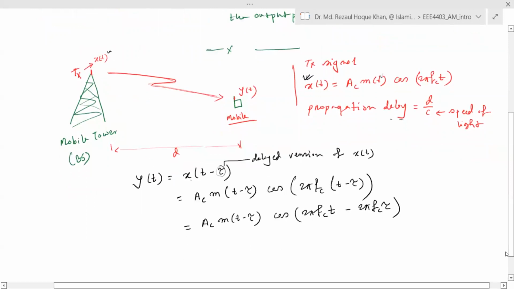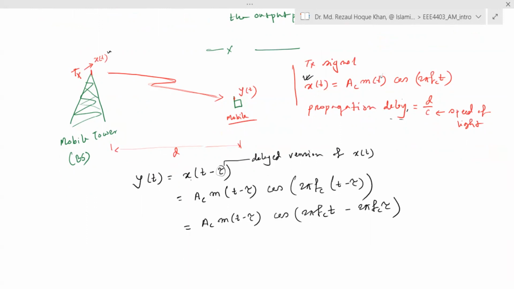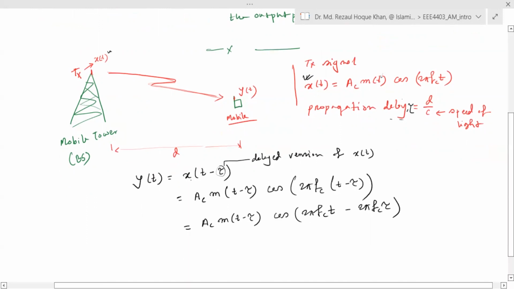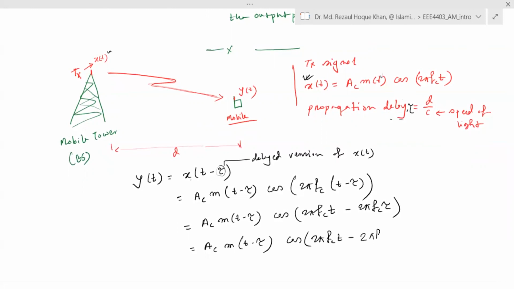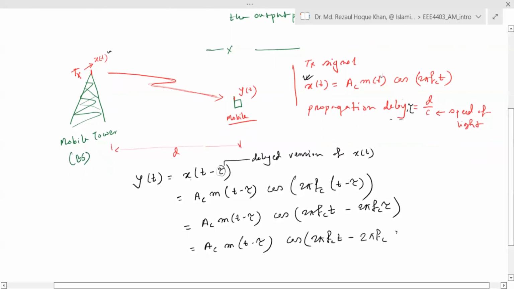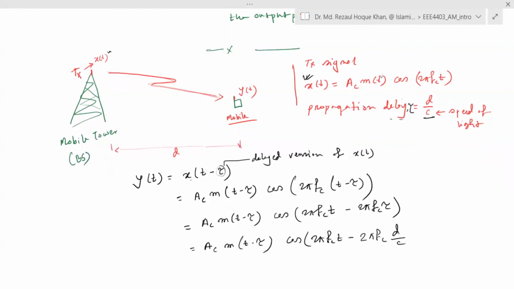We already know what this delay tau is. Tau is nothing but d by c. So we can add it here: cos(2 pi fc t minus 2 pi fc d by c).